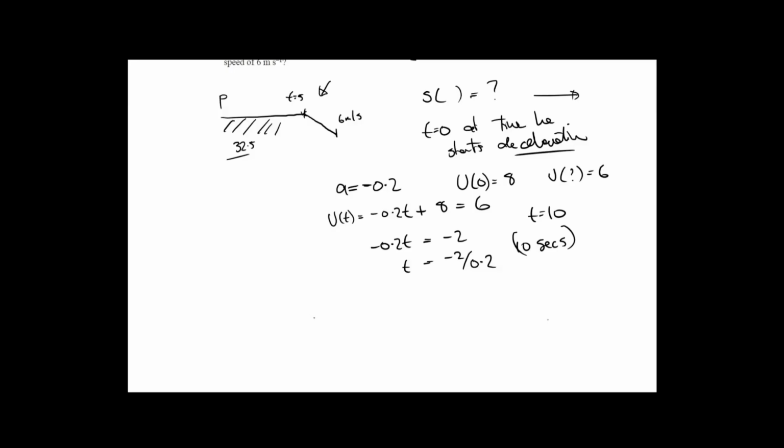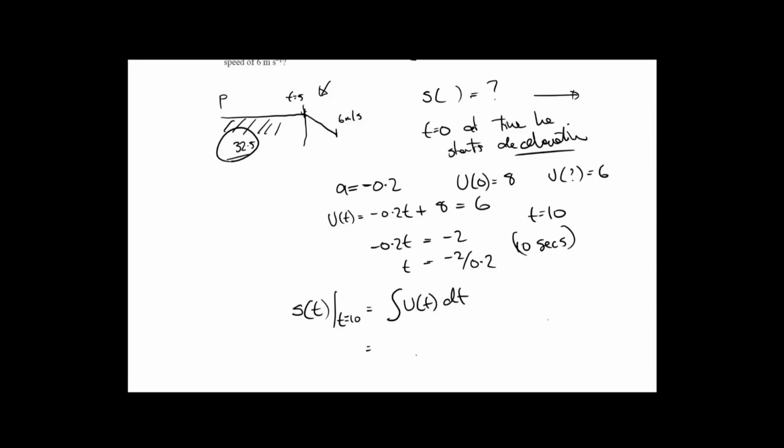Okay. So we've got t equals that. We've got the velocity function. Now we need to find the displacement function, evaluated where t equals 10. Again, we're ignoring this bit here for now. So time starts again here. And that's going to be the integral of the velocity function with respect to t.